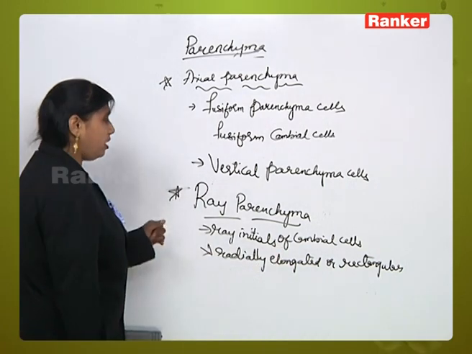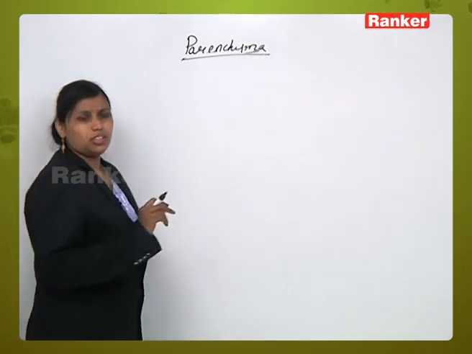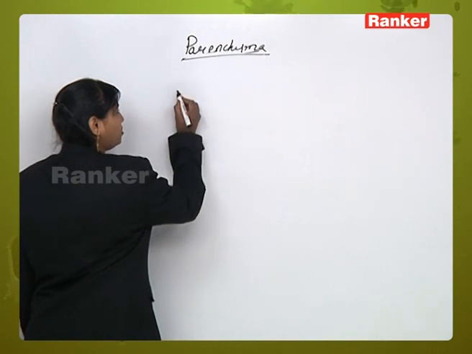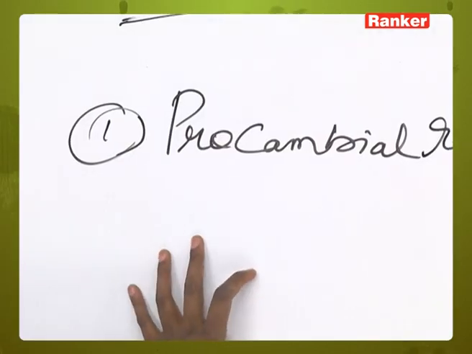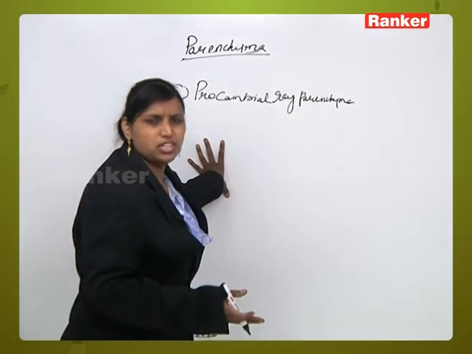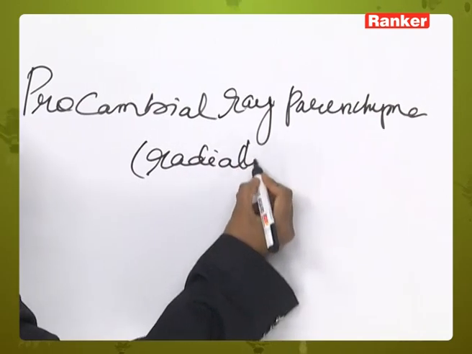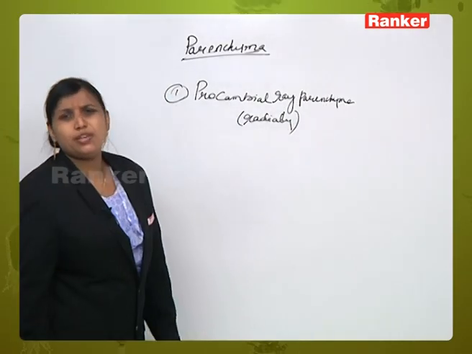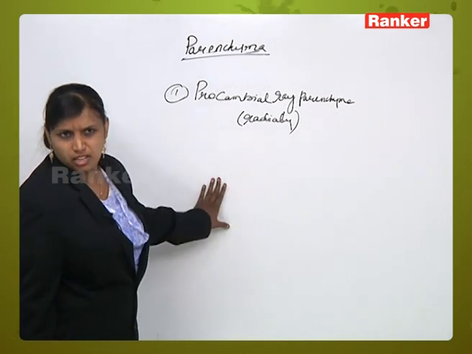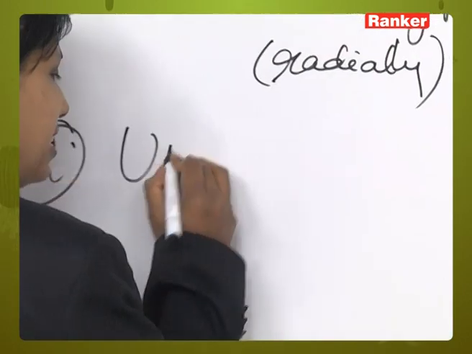Again, we said ray parenchyma is divided into two types. The first is procumbent ray parenchyma cells, those which are oriented radially. The second is upright ray cells.